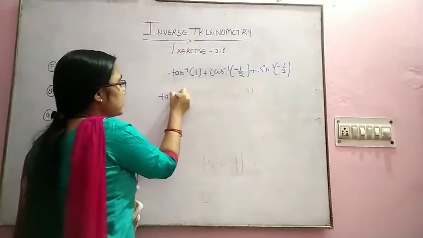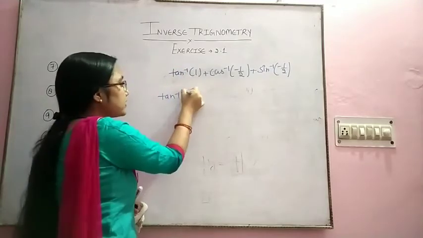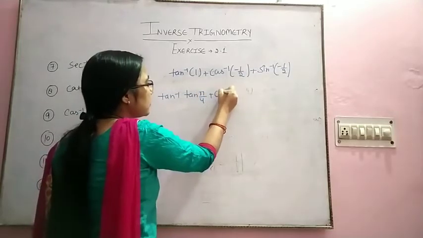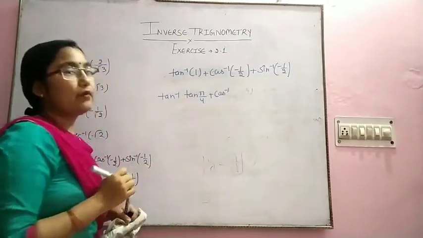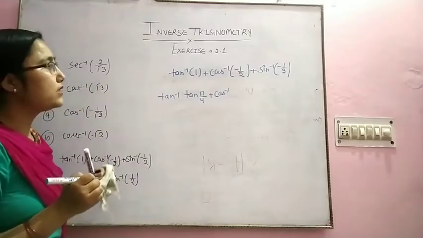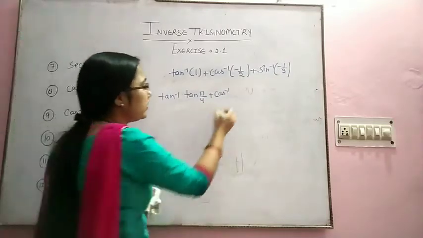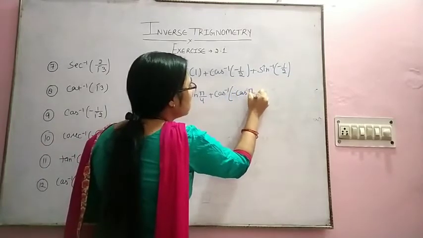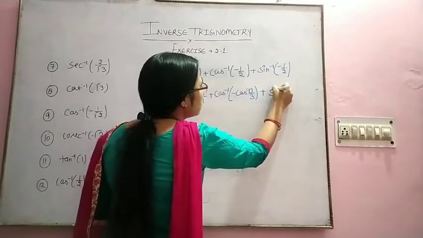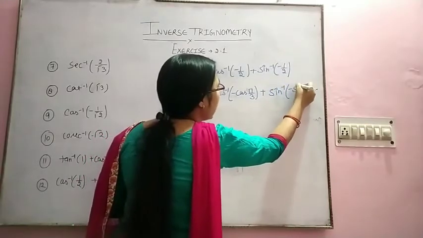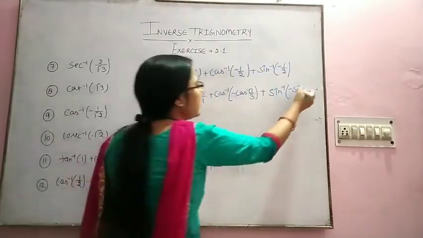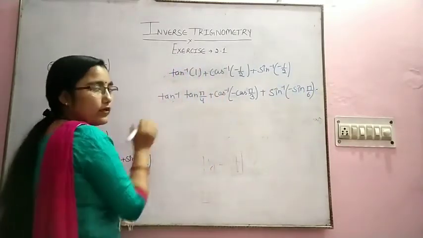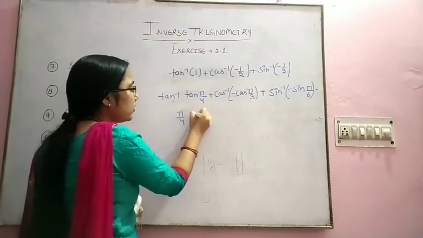So this is tan inverse. 1 is written in terms of tan, this is tan pi by 4, plus cos inverse, and minus half is written in terms of cos, this is cos pi by 3, plus sin inverse minus half is written in terms of sin, this is sin pi by 6. Tan inverse and tan will be cancelled out. We get pi by 4.